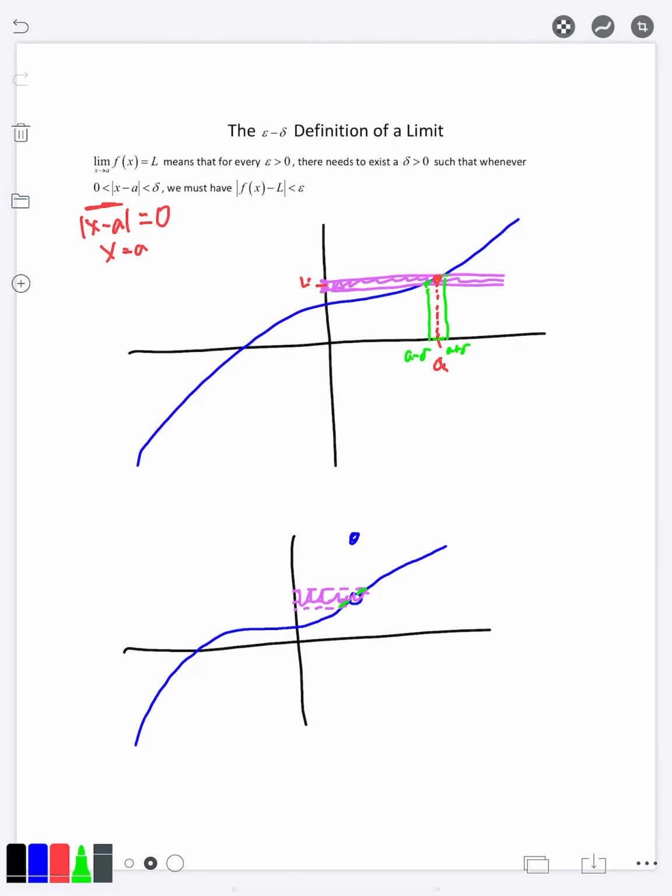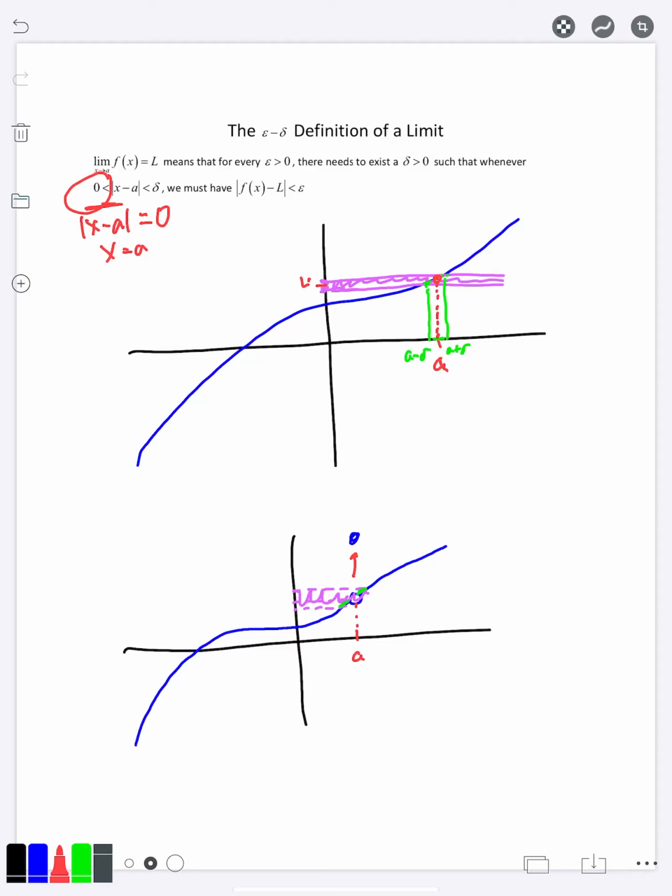You might be like, wait a second, I've got this point up here that's not inside the purple region. But what I'm saying is that because of that extra 0 part right here, it means that we don't actually care about a single point being out of the way as long as everything else nearby was within purple.